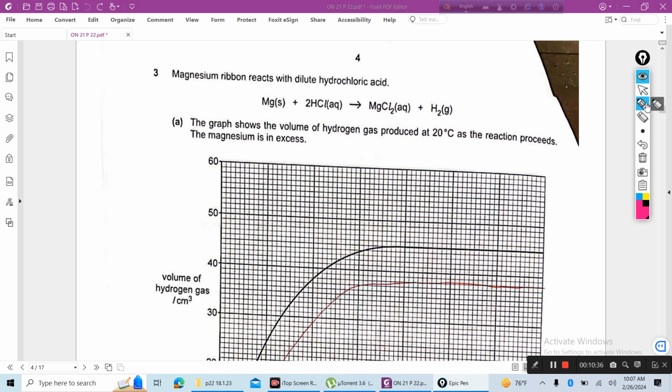Now number 3, magnesium ribbon reacts with hydrochloric acid to produce magnesium chloride, salt and hydrogen gas. The graph shows the volume of hydrogen gas produced at 20 degrees centigrade as the reaction proceeds.